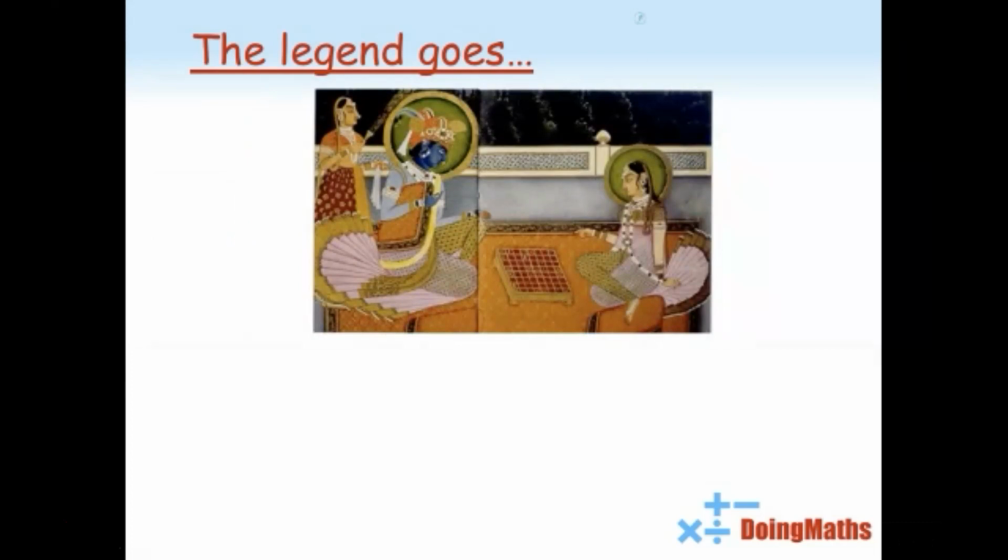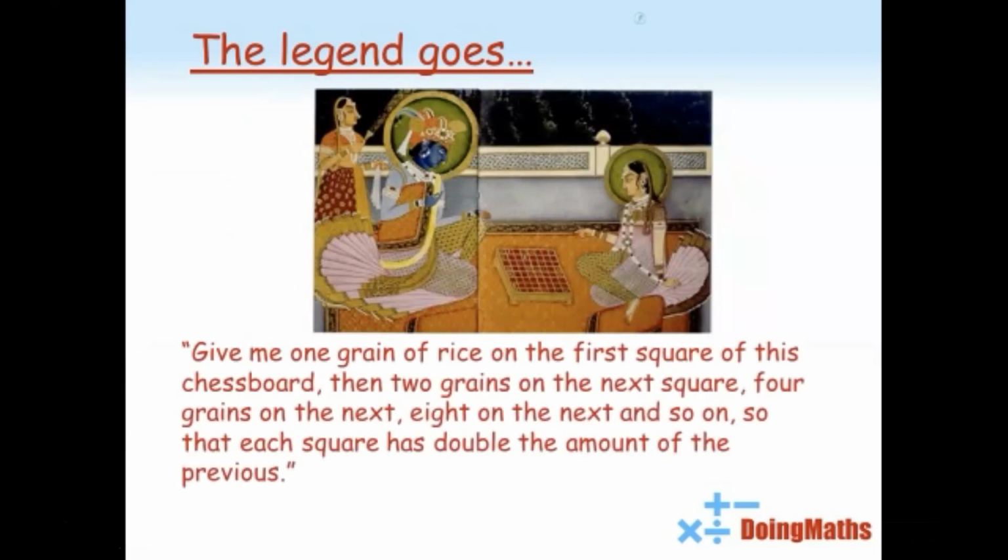Sure enough, the sage won the game, and when the king offered him his reward, the sage asked for the following: give me 1 grain of rice on the first square of this chessboard, then 2 grains on the next square, 4 grains on the next, 8 on the next, and so on, so that each square has double the amount of the previous. Well, the king was very confused with this. Didn't the sage want some treasure? Anything else he could offer? No, the old sage stuck with the rice.